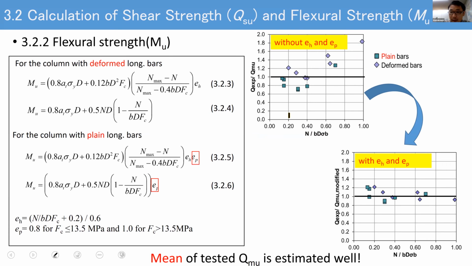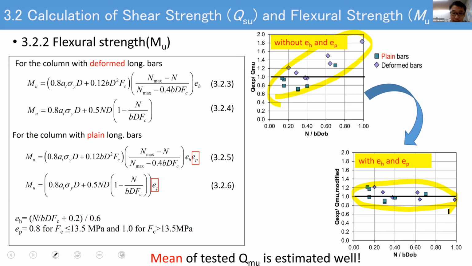In the beginning the trend was like this, but after multiplying factors EH and EP, the trend is very uniform.